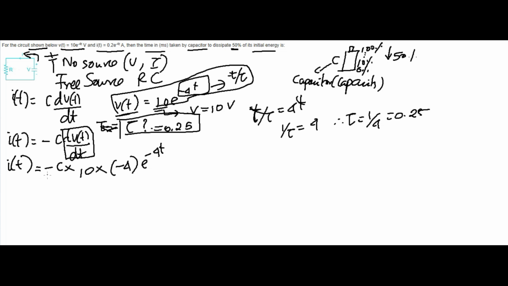This is the I of t, so minus minus is plus: I of t is equal to 40C into e to the power minus 4t. Already you know that I of t is equal to, so yes, from here what is this?